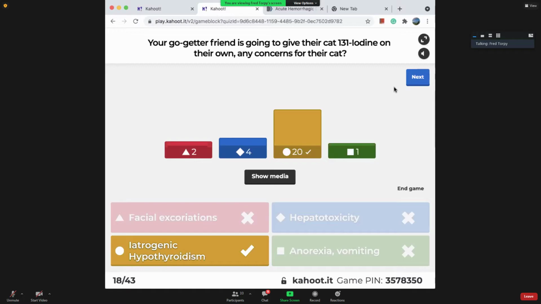Does anybody remember which drug can cause facial excoriations and hepatotoxicity? Is it methimazole? Yeah, methimazole. So methimazole is the most commonly used drug to treat hyperthyroidism, but it can cause facial excoriations, where they just start to get these kind of wounds on their face spontaneously, or hepatotoxicity.